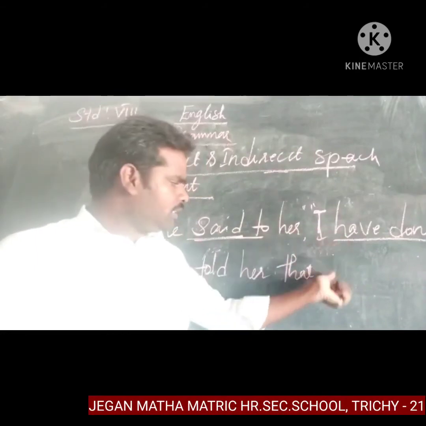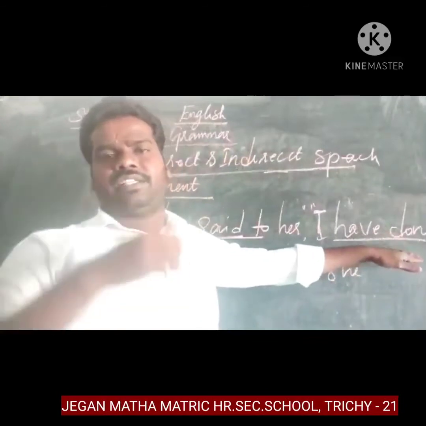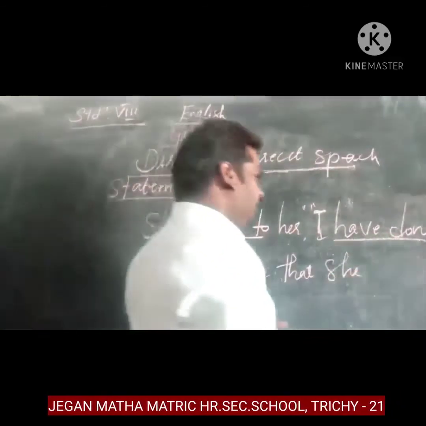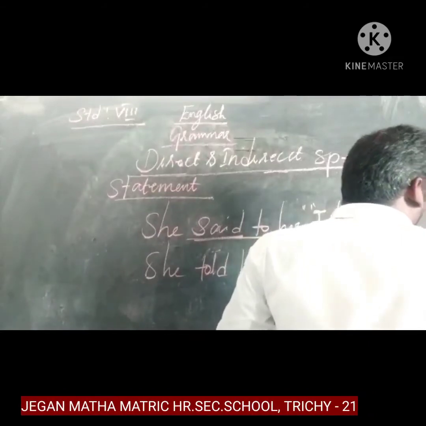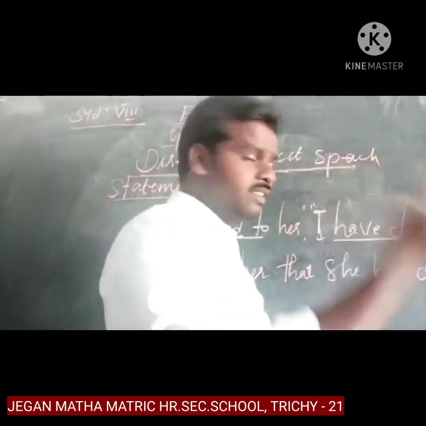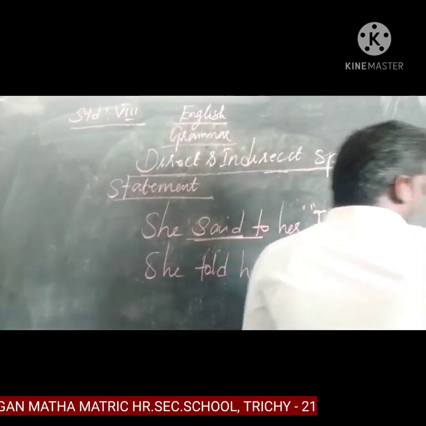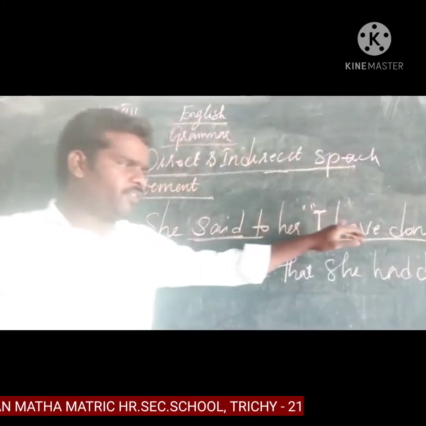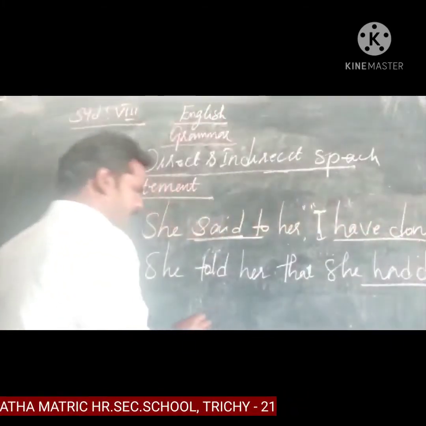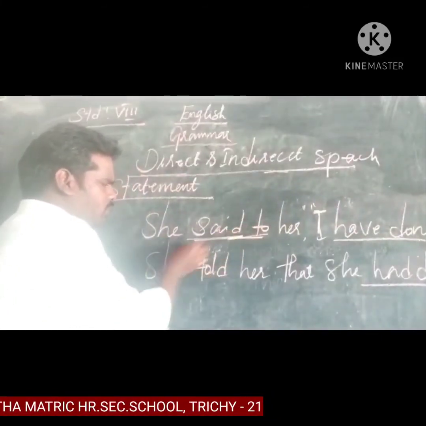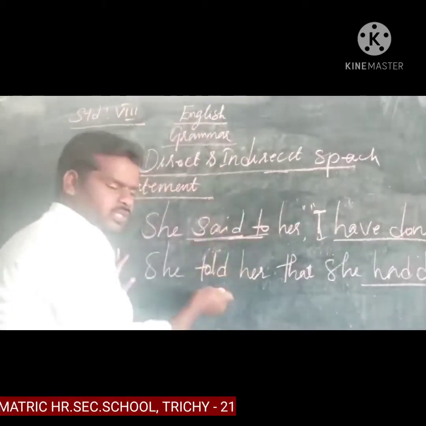Present perfect changes into past perfect. She had done her work. Pronoun, her work. Had done. Told, that is said to, that is for speaker and listener. So that is the common rule. Instead of said to, we can use told.